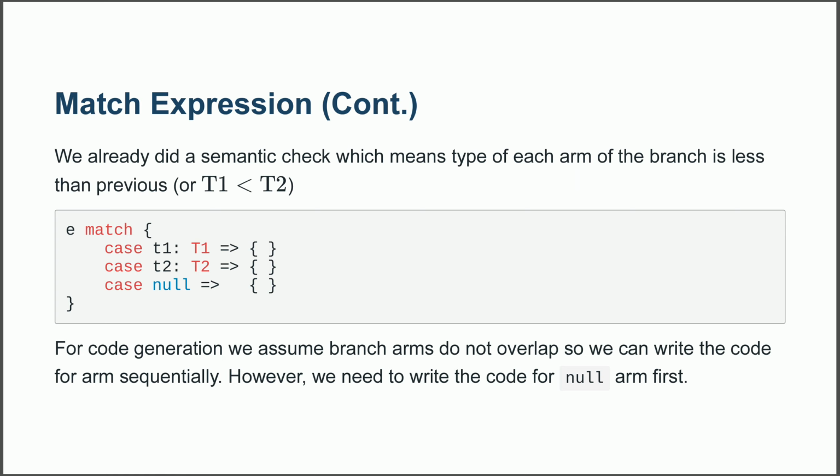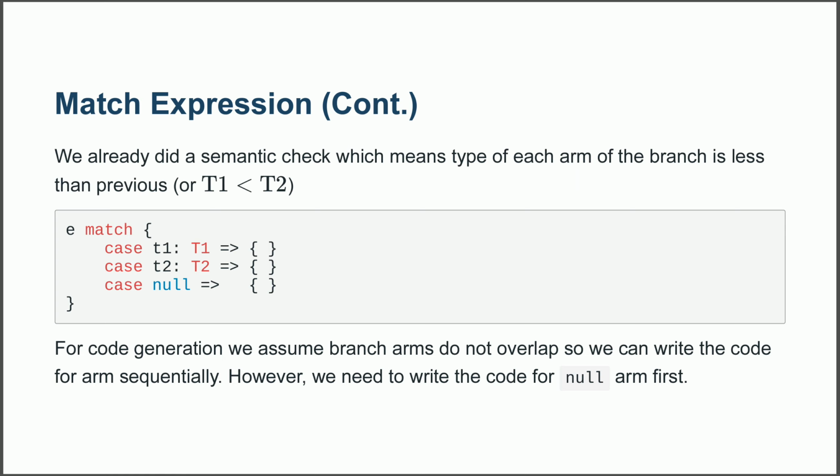Okay, so let's continue. For a match expression, we can see in the following example, we have two arms plus one for the null, and then again the null is optional, but you need to jump to runtime exception if it's null. So we can see that the type of T1 is less than or equal to type of T2. What do I mean by that?